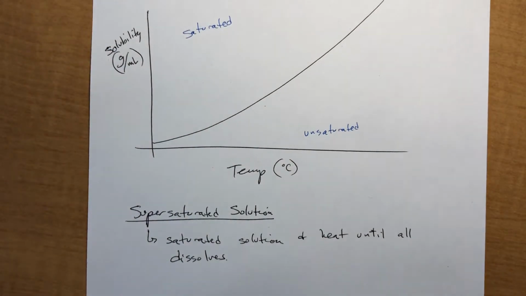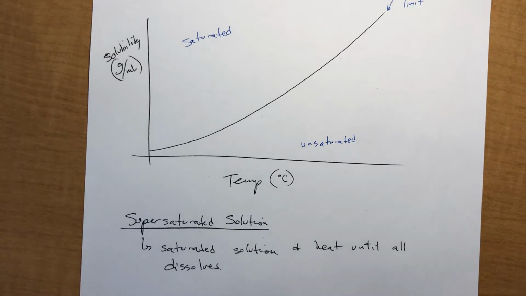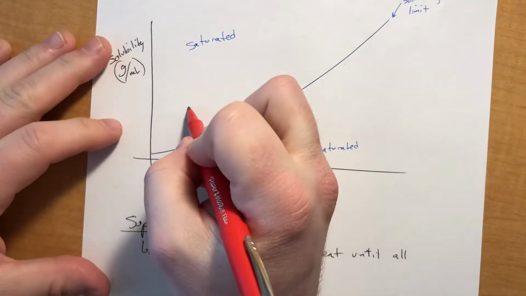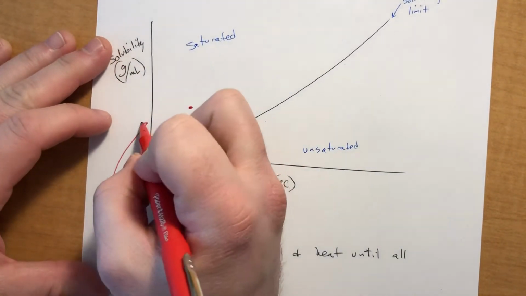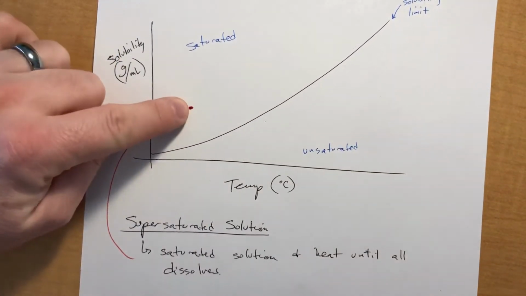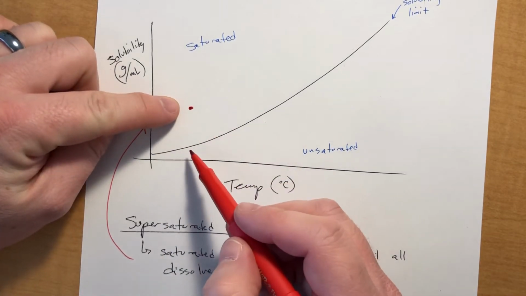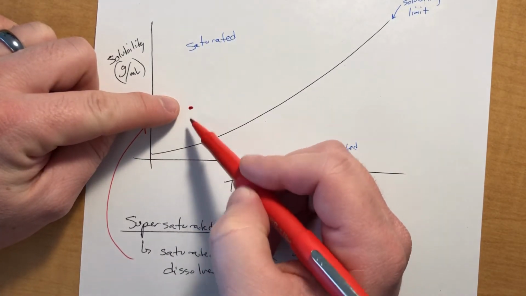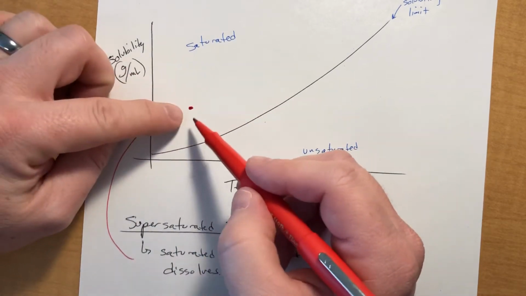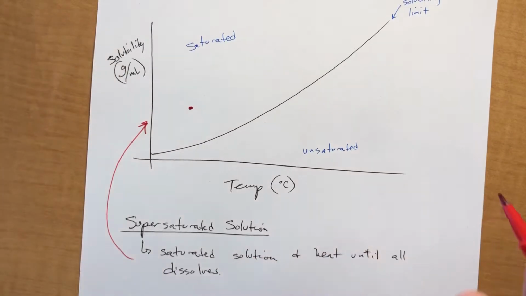So I'll pick a new color here. Let's go with red, it's a little easier to see. Okay, so let's say you're up here. So we have this concentration. What this means is we are cold enough that a little bit is dissolved, but most of this amount of solute is just sitting at the bottom or floating on the top, but it's not dissolved.